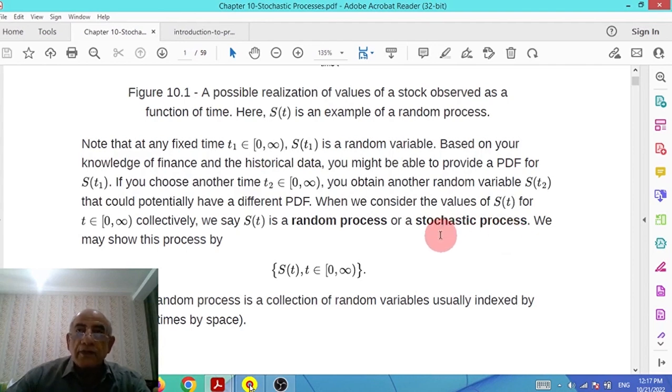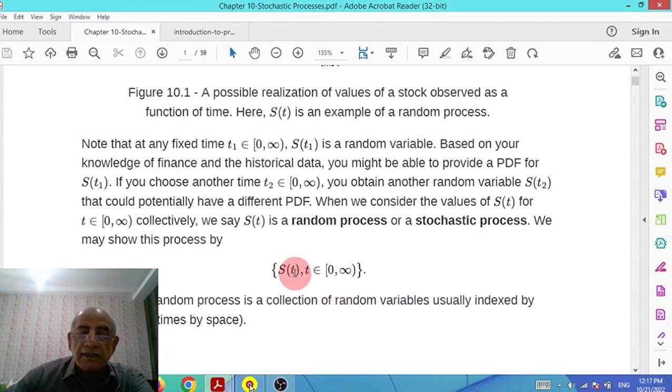A stochastic process, in the general definition, is a collection of random variables that take a value at each time. This process is denoted by this notation. Therefore, a random process is a collection of random variables, usually indexed by time or sometimes by space.